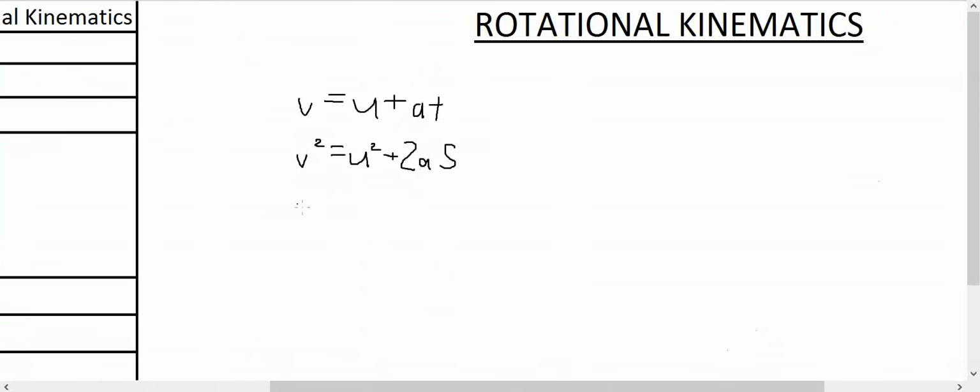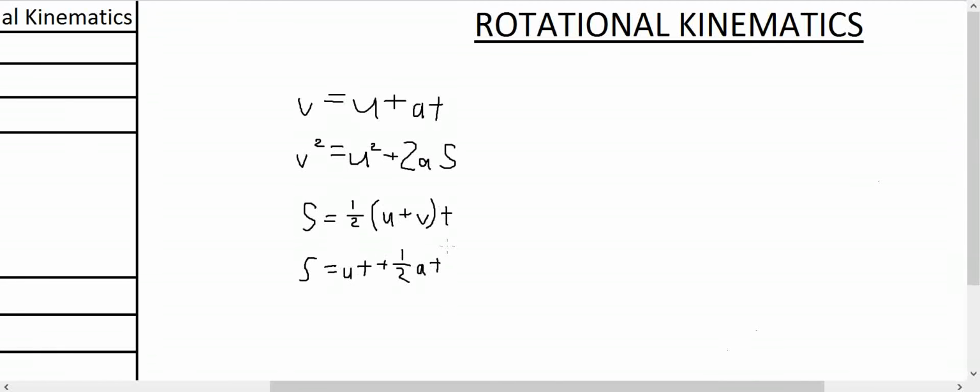S equals half (U plus V) T. And S equals UT plus half AT squared.